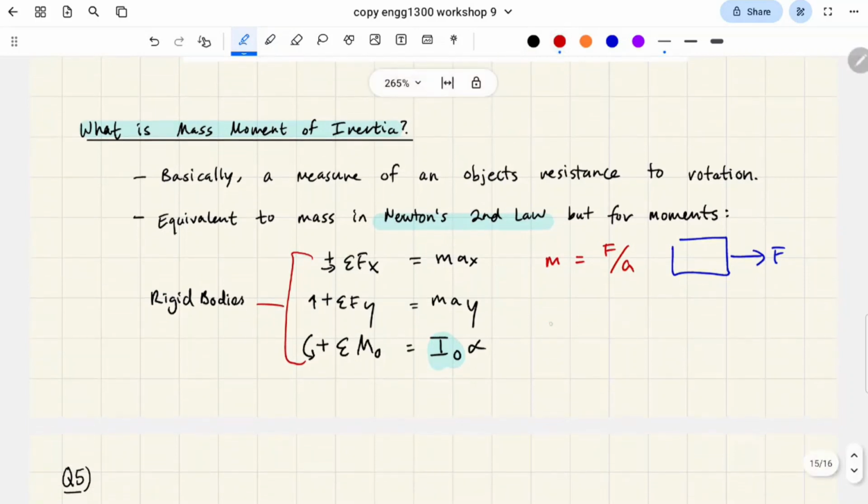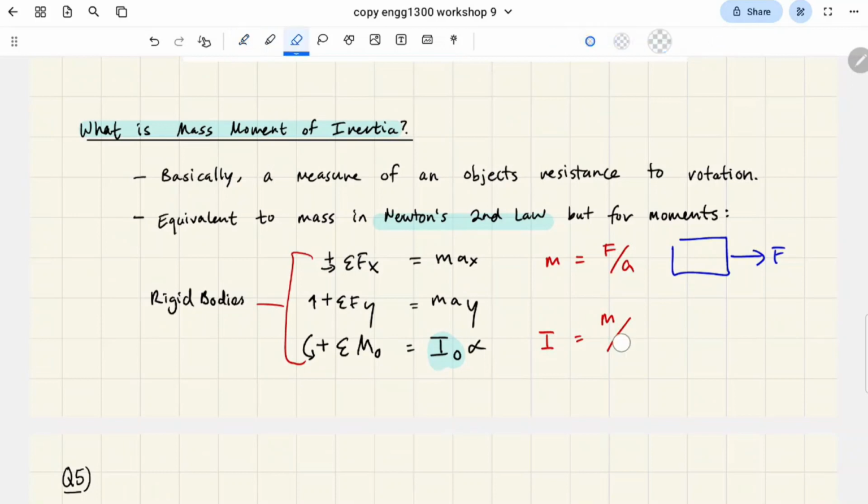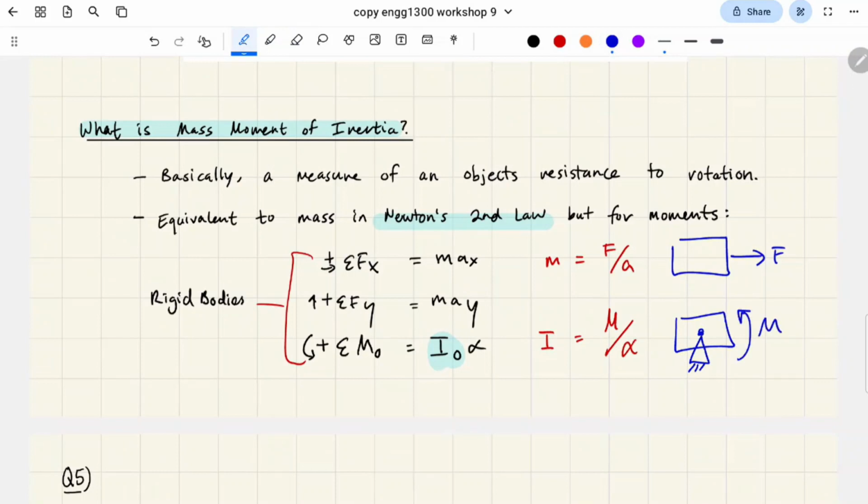So similarly, you can think of moment of inertia, mass moment of inertia. That's big M for moment. Think of a box being rotated, and there's an external moment being applied to it.